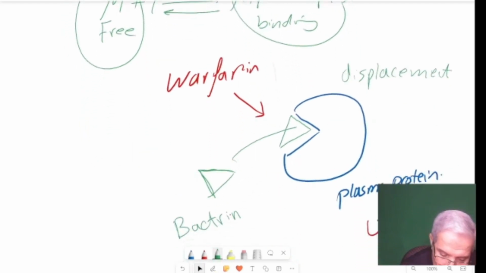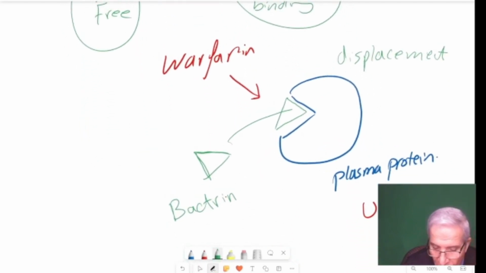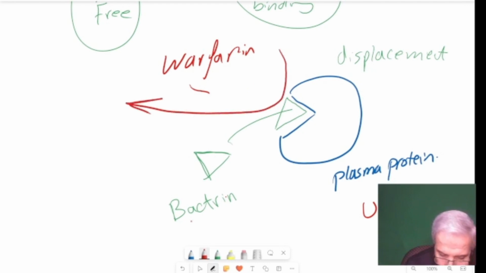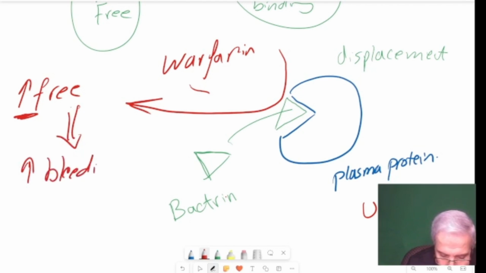So now we go back again to warfarin. When the warfarin is displaced and removed from the binding protein, the free concentration will increase. When the concentration of free warfarin increases, there is increased risk of bleeding.